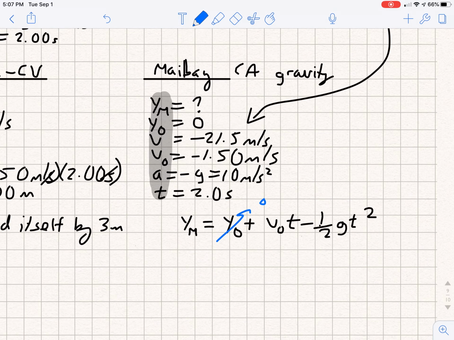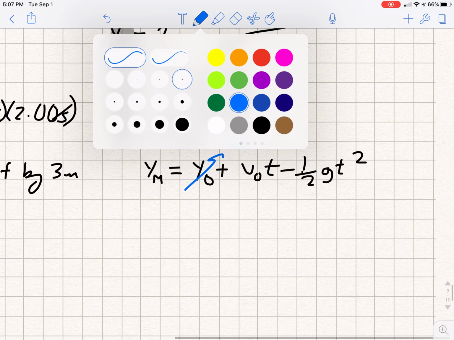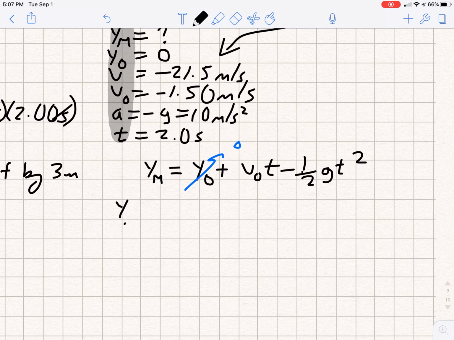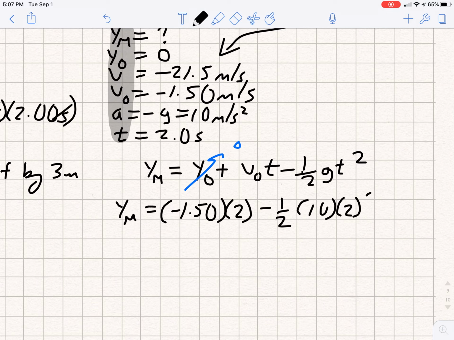Y naught was equal to 0. And now we can plug in. The position of the mailbag, we have negative 1.5 times 2 minus 1/2 times 10 times 2 squared. Well, 2 squared is 4 times 10 is 40, take half of which is, of course, 20.